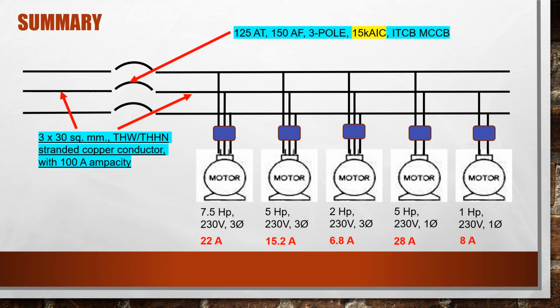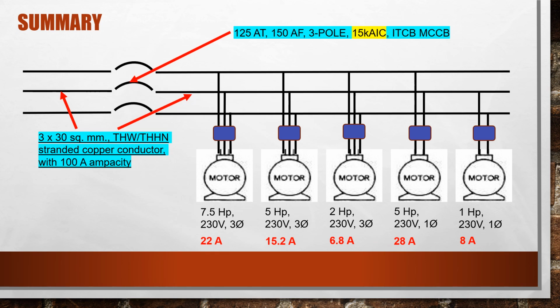And don't forget, we always have to indicate the KAIC, or the kiloampere interrupting capacity. Here I assume 15 KAIC, but it is still to be determined.